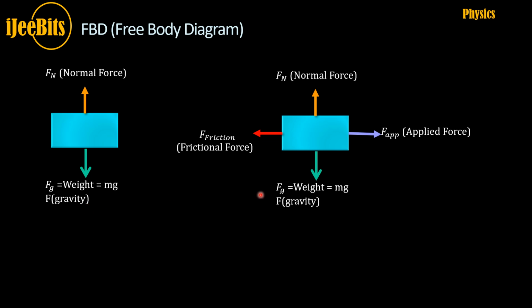But there are cases where we apply an external force on a body to move it, and that is what we call an applied force. If you consider the frictional force, it is always opposite to your applied force. So if I am applying a force on a block towards the right side, then the frictional force acts in the opposite direction, towards the left side.